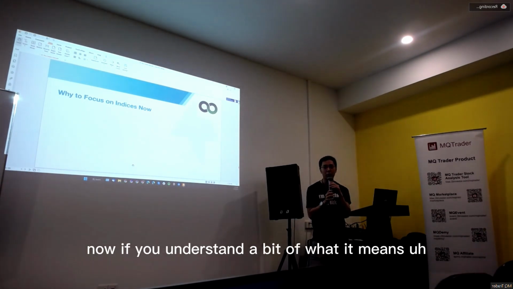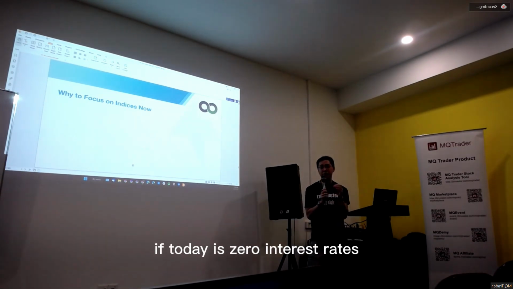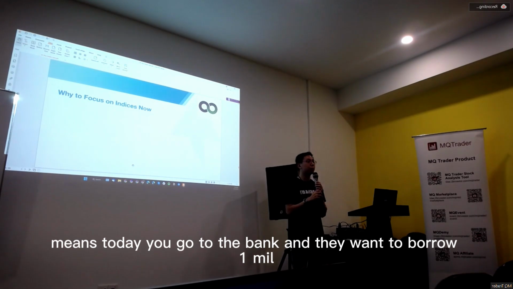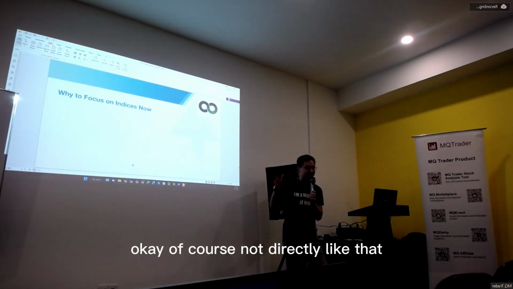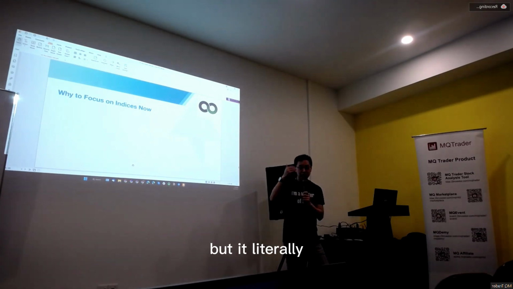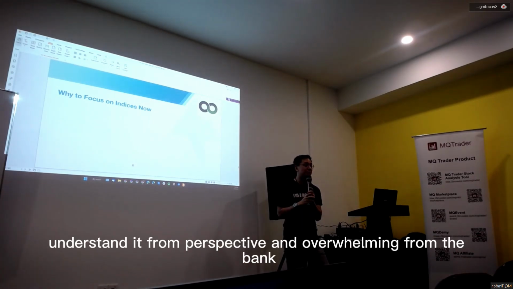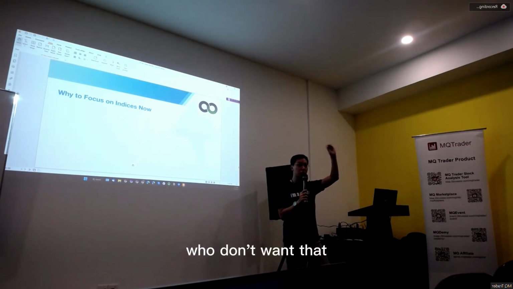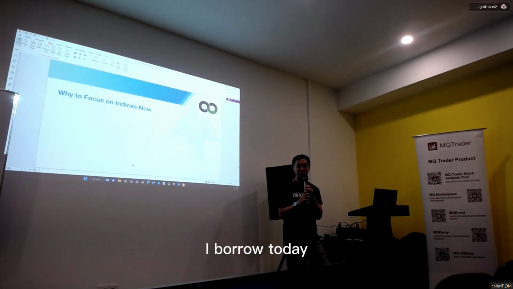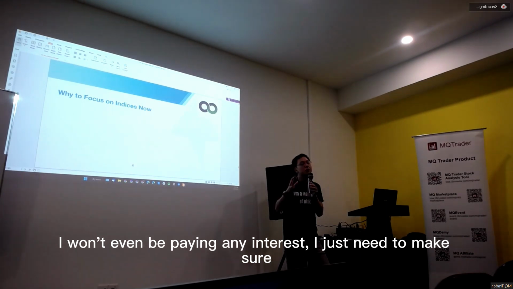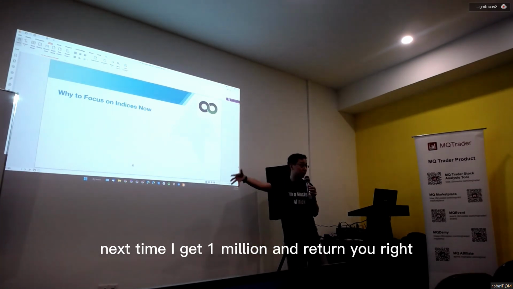Now, if you understand what it means, if today you have 0 interest rate, it means you go to the bank and say, I want to borrow 1 million. Of course, not directly like that, but you can understand it from that perspective. I borrow 1 million from the bank, the interest is 0. Who wouldn't want that? I borrow today, I don't need to pay any interest. I just need to make sure next time I get 1 million and return it, right?